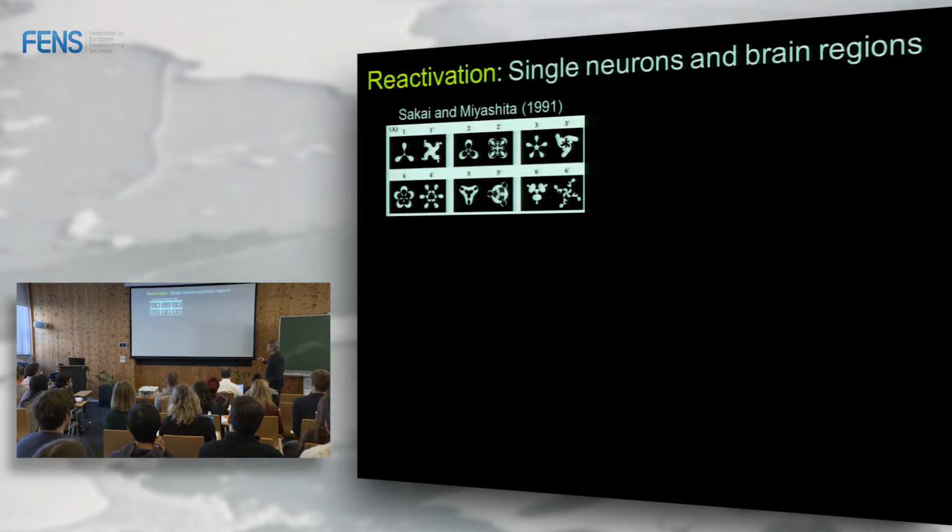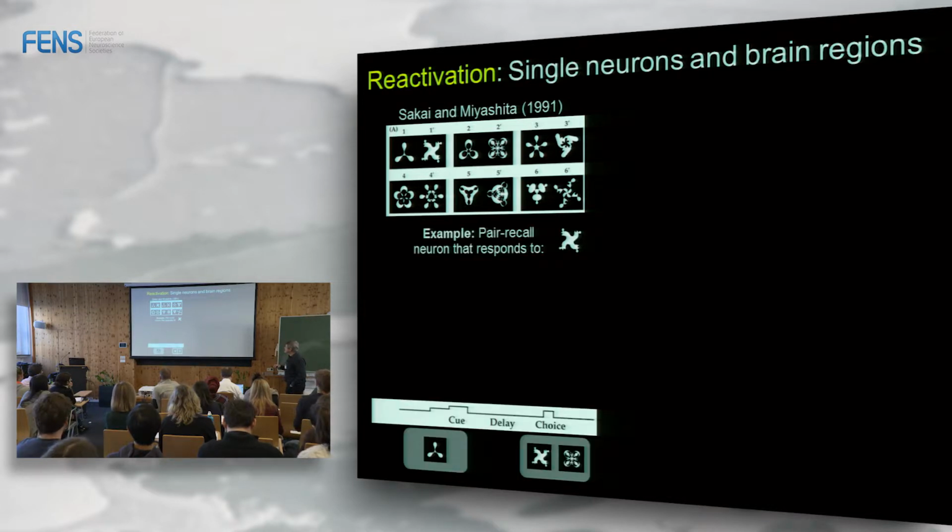There is evidence from different methods. From single neurons, for example, this famous study by Sakai and Miyashita looked at paired recall of these symbols. After they learned these pairs, overtrained on each of them, they were presented the first element of the pair, which is the cue, and then after a delay they had to pick between two options, the correct one and an incorrect one.